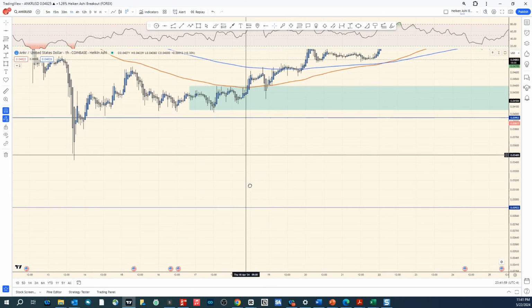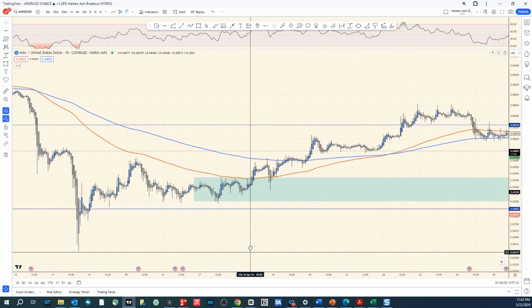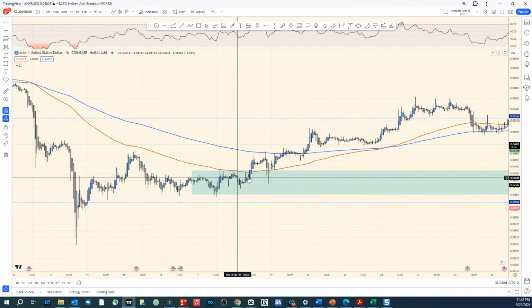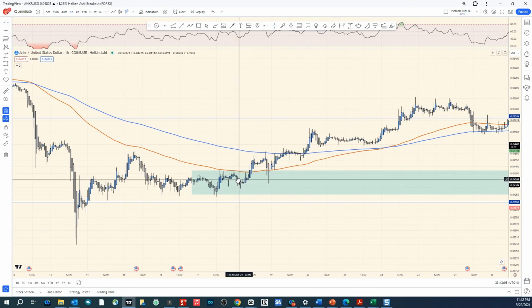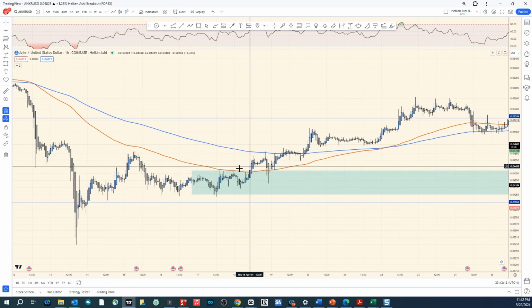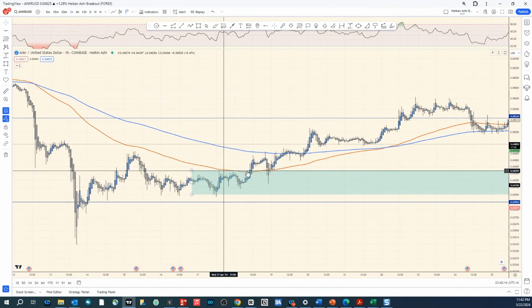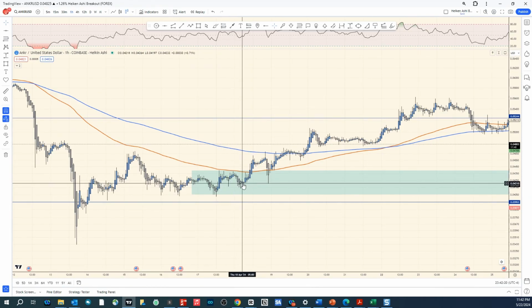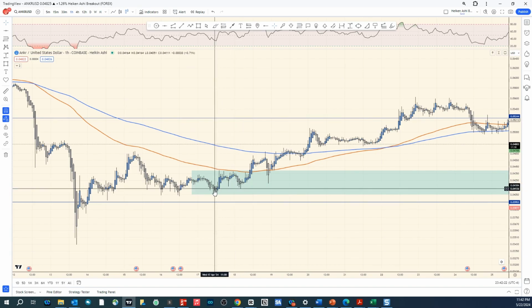So I'm looking for a break of structure or change of character here from red price to green and where that was. So essentially, what I would be looking at is either buying in here, this area, or buying in this area. Either way would be fine with me.